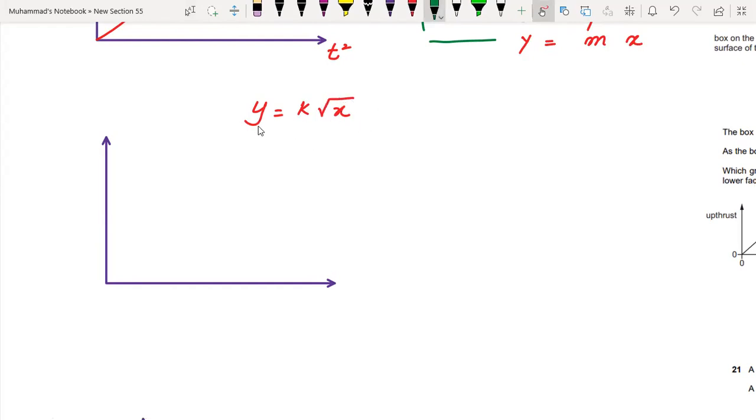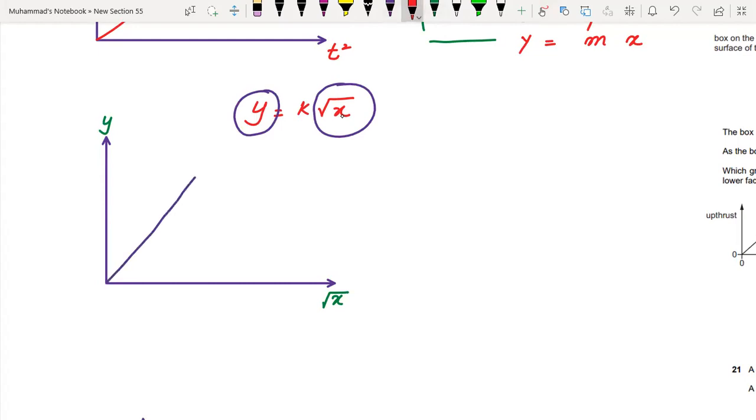So if you plot a graph of y versus square root of x, then it will be a straight line. If you have square root of x on the x-axis versus y, then it will be a straight line.